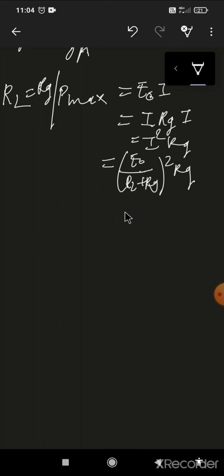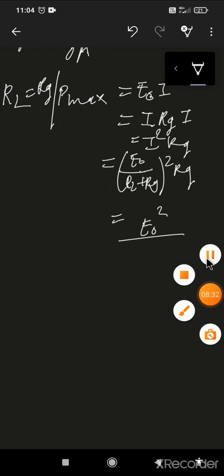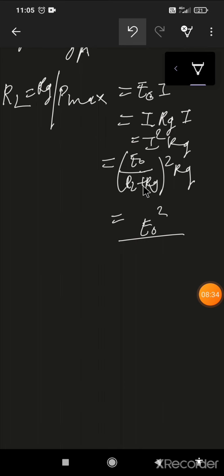If we open the bracket, we'll get E0 square upon, since RL is equal to Rg, 2 times Rg whole square, it will become 4 times Rg square.